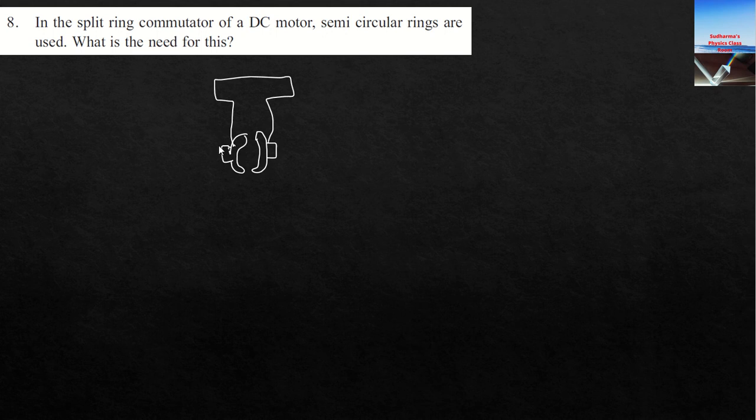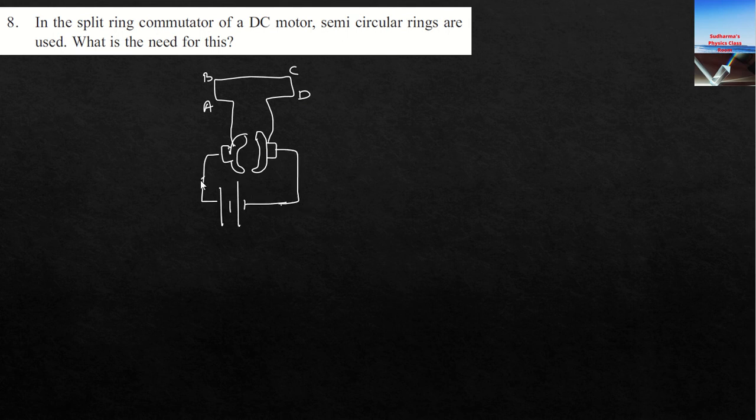We know that the brushes, and the rings P and Q and X and Y, the brushes are stationary and the split rings will rotate. So we have the armature ABCD, and the current initially, according to the explanation I have given in the class, this is a rough diagram.